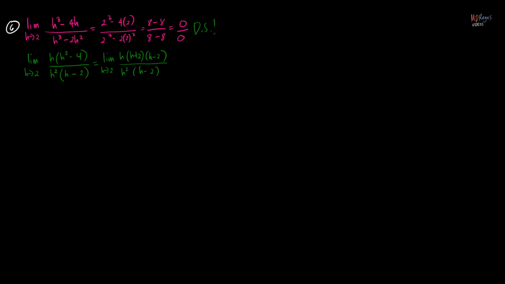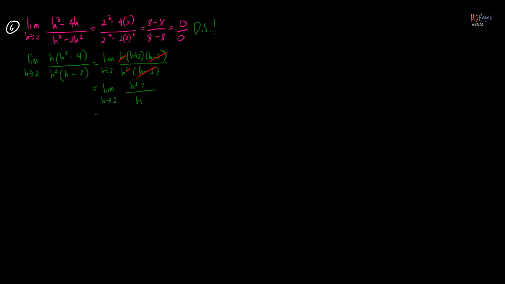We divide h by h squared, and then h minus 2 divided by itself, we get 1. So upon simplification, we'll just get the limit of h plus 2 over h, we'll write h here in the denominator. So evaluate the limit as h approaches 2.